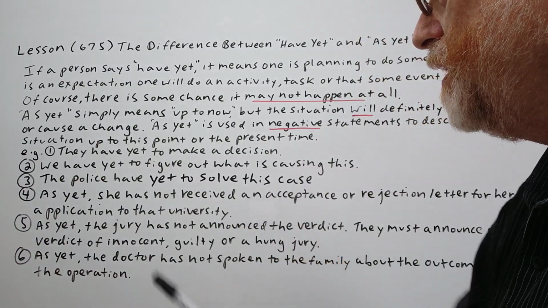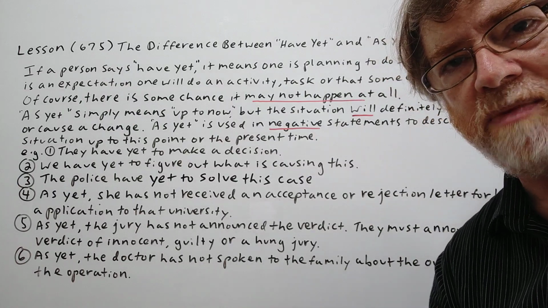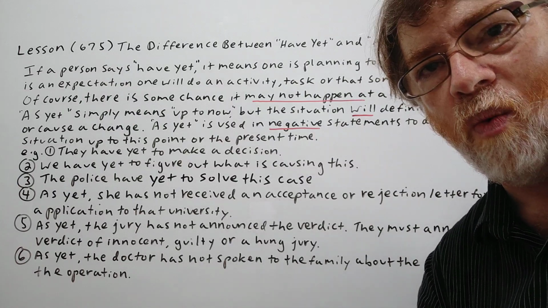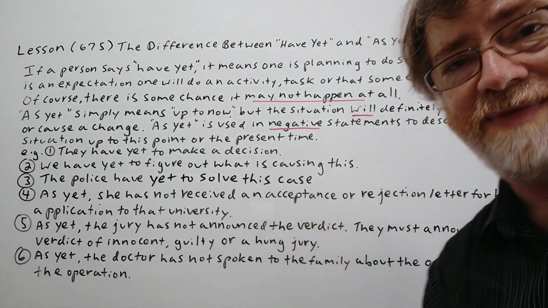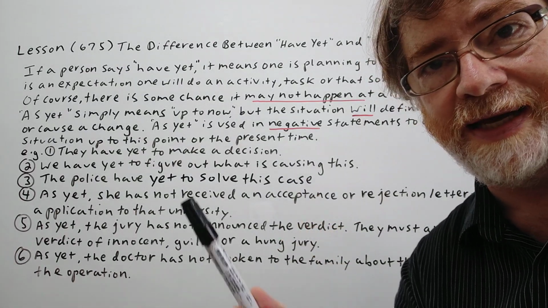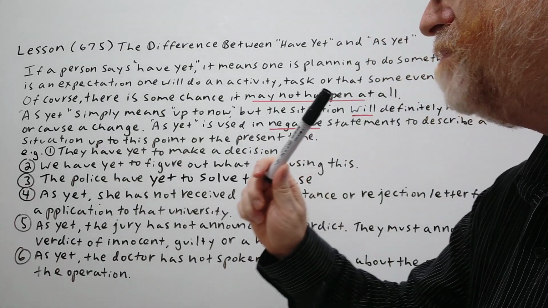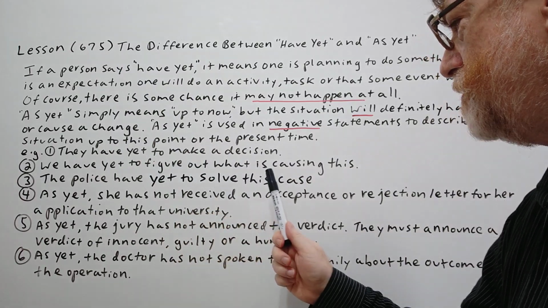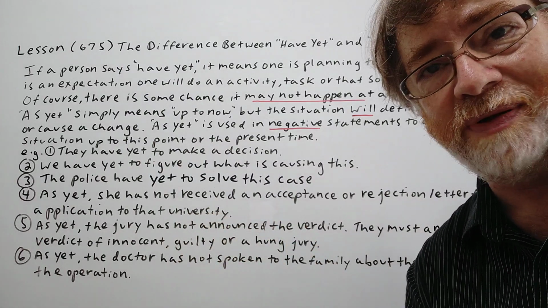All right, let's continue. We have yet to figure out what is causing this. All right, well, this could be anybody trying to figure out a situation, why something is happening. Could be scientists. Sometimes they don't figure it out. Sometimes they never figure it out, or, that's it. So, number 3, the police have yet to solve this case. Yeah. There's a lot of cases the police never solve.